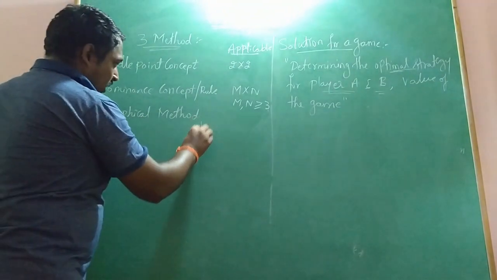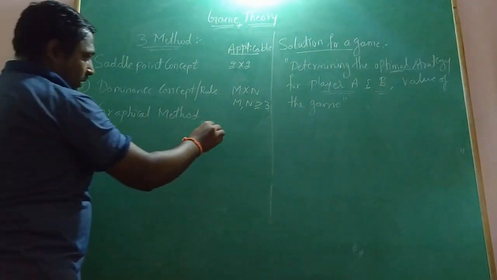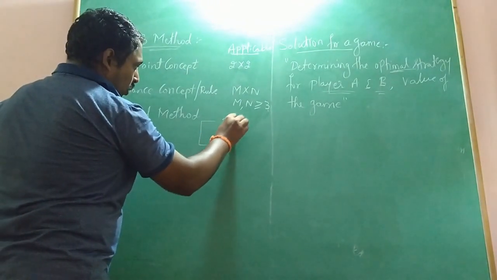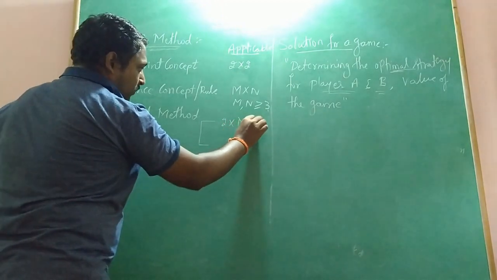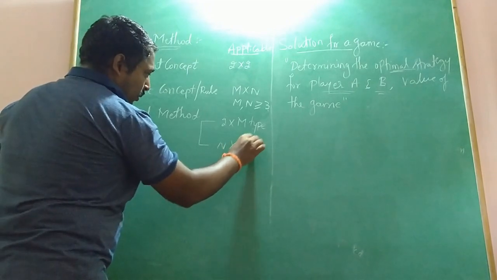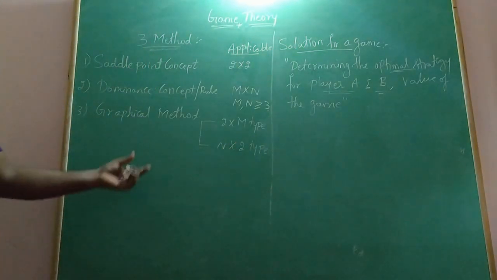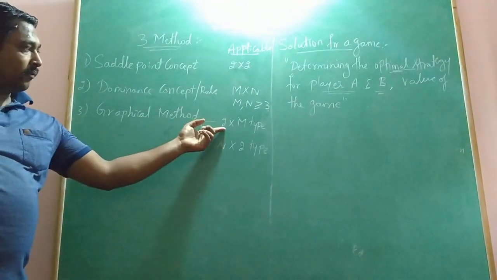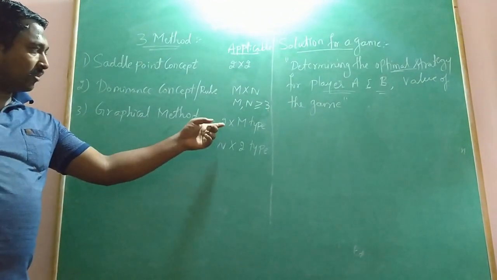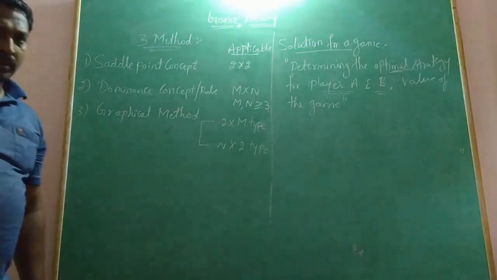The graphical method is applicable when the payoff matrix is of 2 cross n type or m cross 2 type.